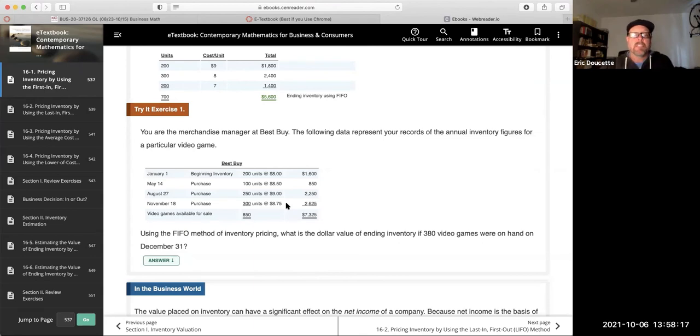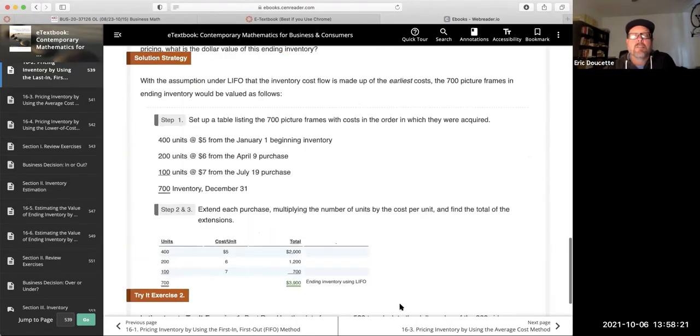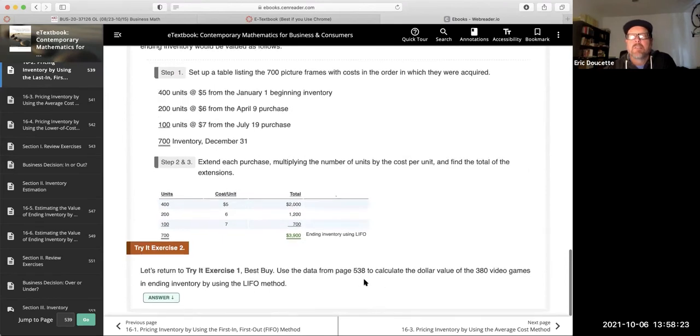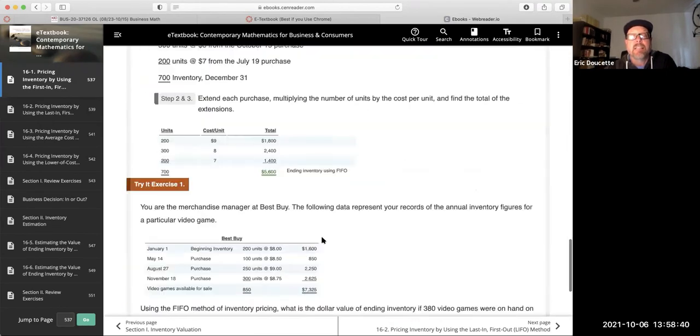So in this case, the problem is asking us, if we scroll down to it, to use the data from page 538, and let's assume that the dollar value of the remaining ending inventory is 380 video games using the LIFO method, right? So let's go back one more time to this table. So 380 left over, right?